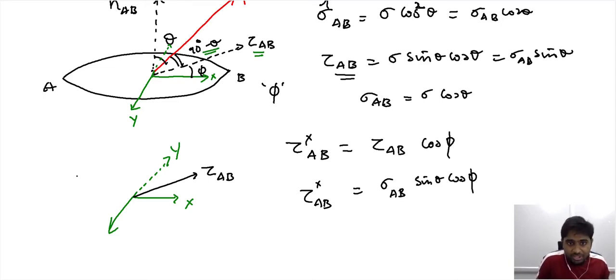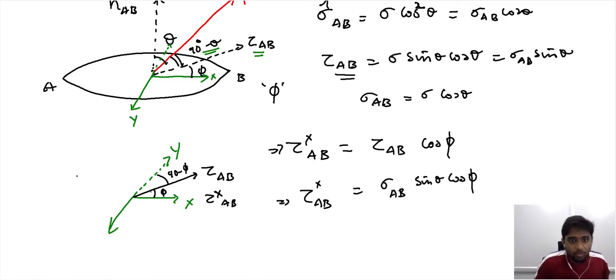This is the shear component of the stress acting on the surface of AB along a specific direction, inclined by an angle phi, and for the shear component acting along x, we have arrived at an expression. These two indicate the shear component of the stress acting along the x-axis on the surface of the plane AB. Now this angle is 90 minus phi.